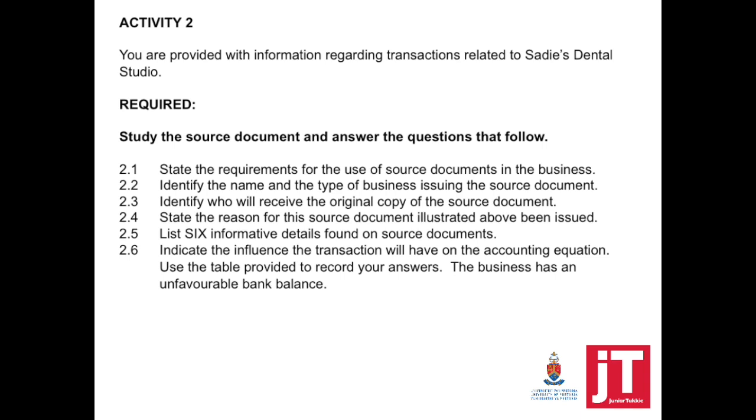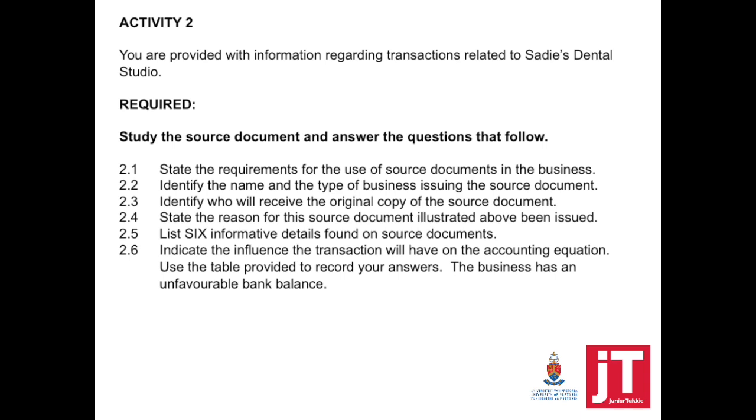Identify who will receive the original copy of the source document. 2.4. State the reason for the source document illustrated above being issued. 2.5. List 6 informative details found on the source document. And then 2.6. Indicate the influence the transaction will have on the accounting equation. Use the table provided to record your answer.